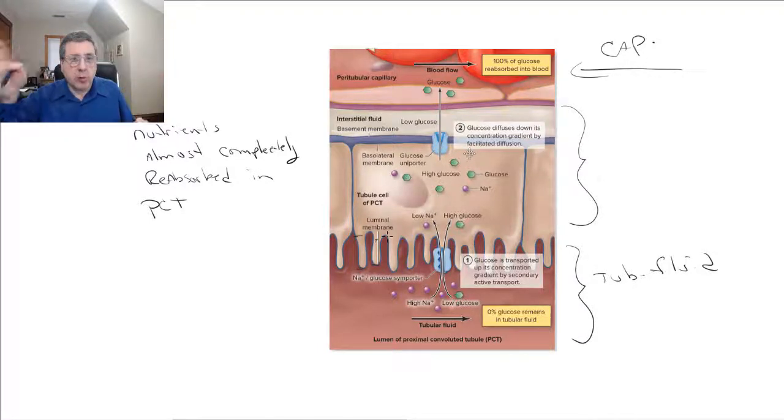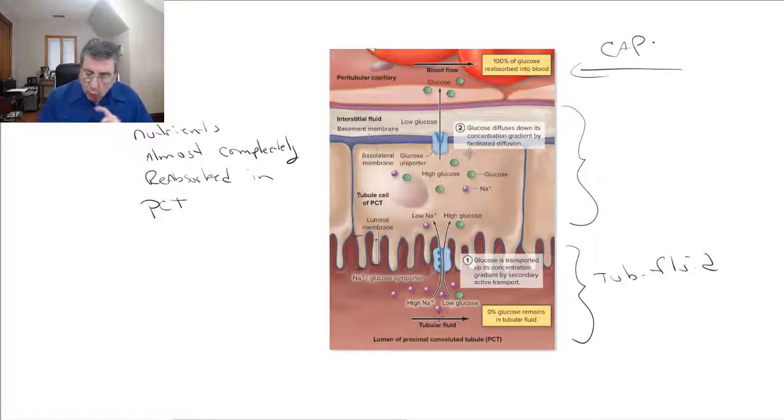On the luminal edge of the tissue and on the basolateral edge, we're going to have transport proteins. We're going to have something that has to be there in order for glucose to move across. It doesn't diffuse through the membrane itself. It has to have a carrier or a transport protein or something along that line.